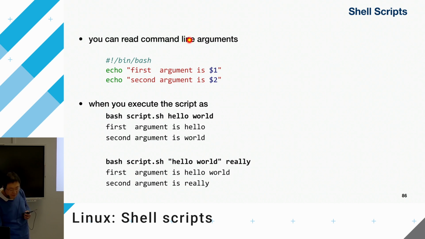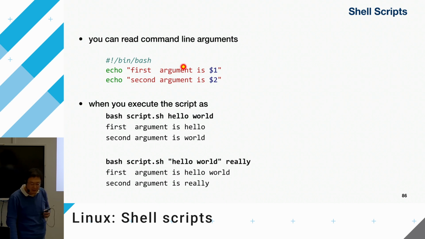And also, you can utilize command line arguments passed to your shell script, to give more flexibility to your shell script. For example, here you can use $1 to represent the first argument, $2 to represent the second argument, and so on.